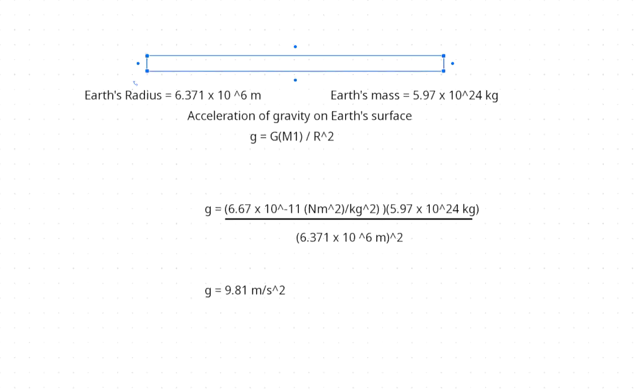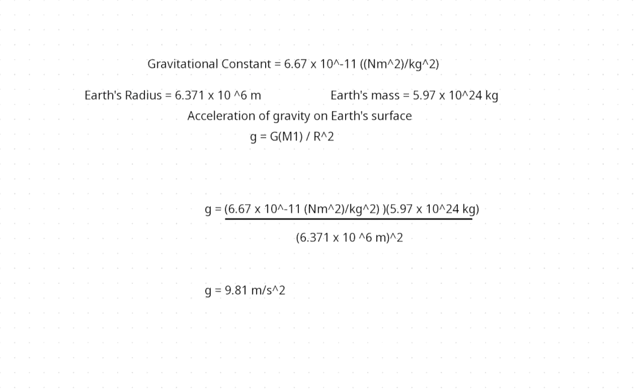Okay. All right. So we have our values. Earth's radius is approximately 6.37 times 10 to the 6 meters, and Earth's mass is approximately 5.97 times 10 to the 24 kilograms. Here we have our formula for the acceleration of gravity on the surface of Earth. It's a generalized formula. Now we go ahead and plug in our values.